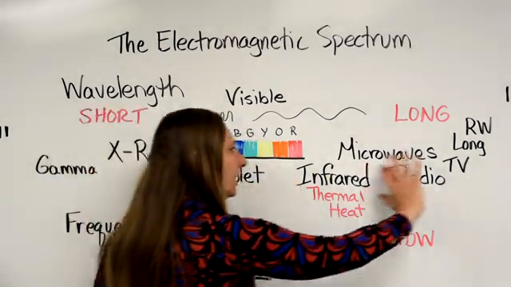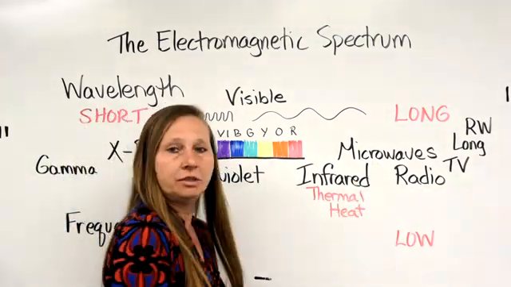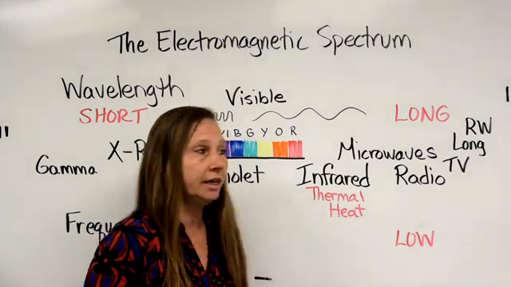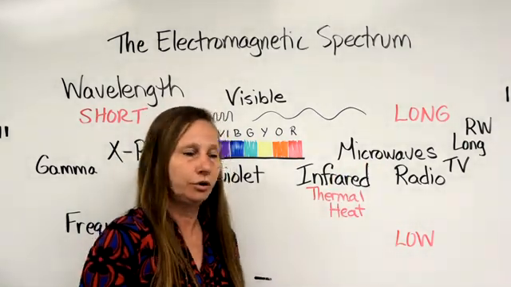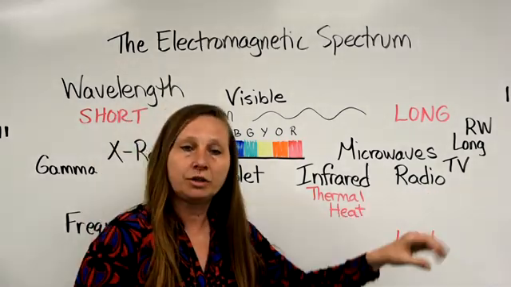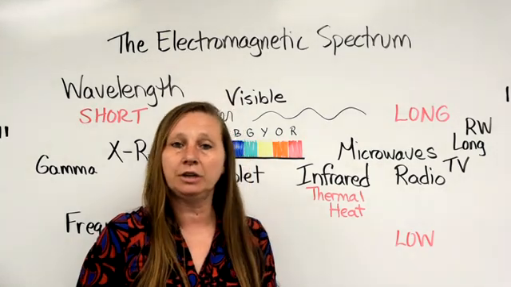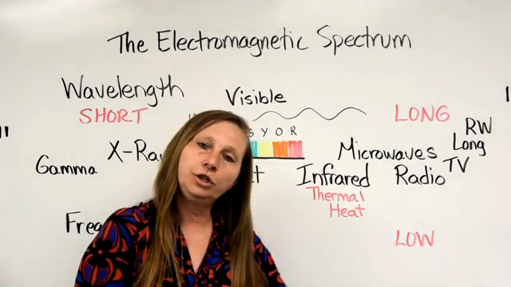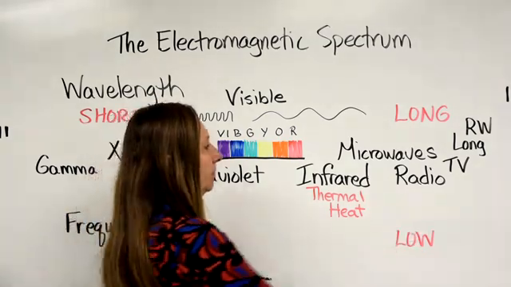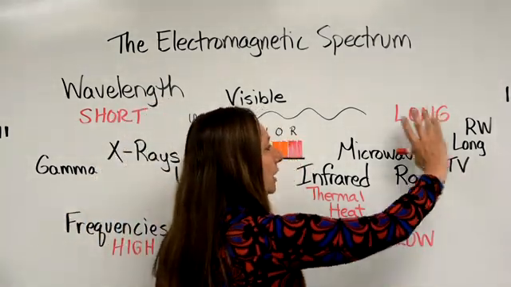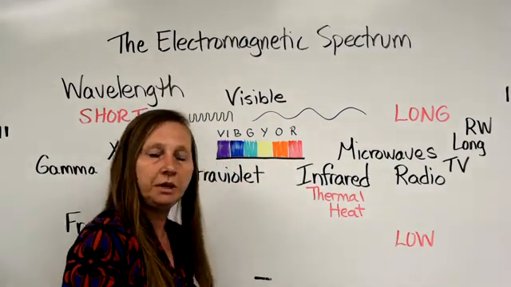And we generally consider these ones over here to be safe. Microwave ovens, you can stand in front of the microwave oven while it's running, it's not going to hurt you. Radio waves are all over the place, carrying radio signals from the radio antenna to your radio in your car. They're safe. Television waves, long wave radio, again, these are all considered to be safe.